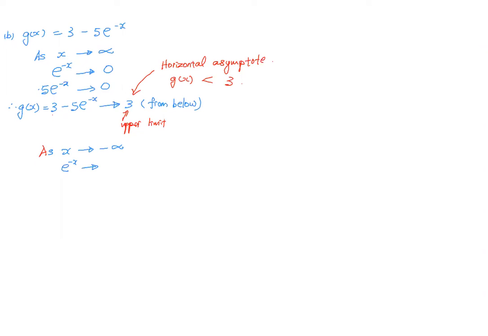Okay, student, I really need you to be very initiative. You understand or not? You don't wait for me to write for you. You yourself have to be very initiative in your mind. This is e to the power negative, and your x is negative infinity.